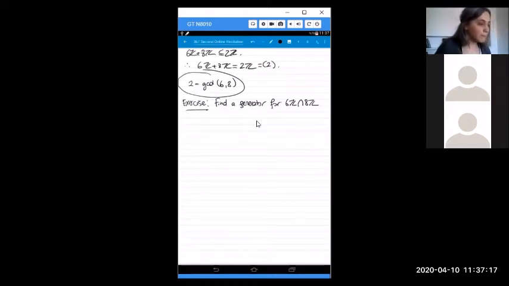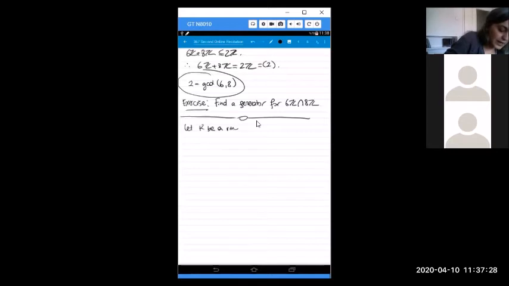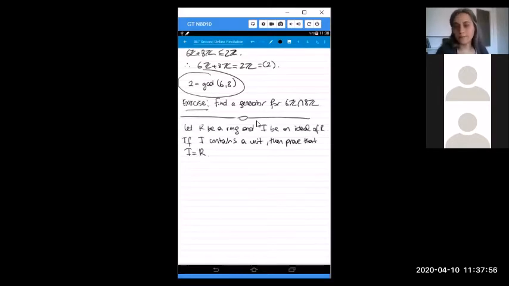Okay, what about the only ideals as another question? Let R be a ring and I be an ideal of R. Now, our claim is that if I contains a unit, then prove that I has to be the whole ring.